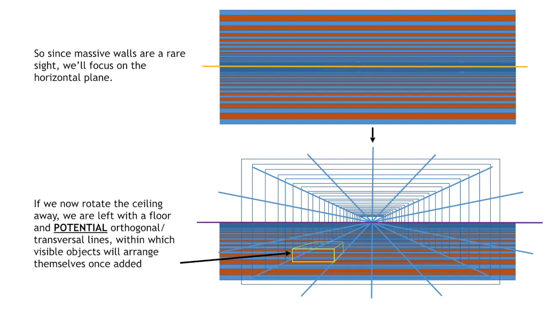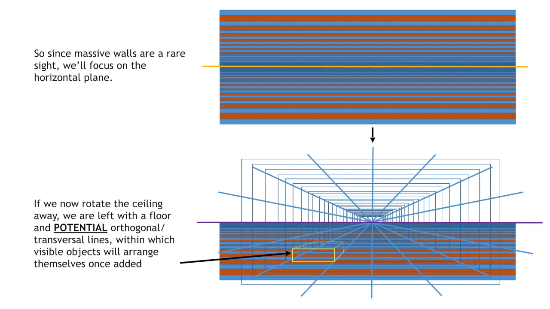If we now rotate the ceiling away, we are left with a floor and potential orthogonal transversal lines within which visible objects will arrange themselves once we add them in. So again, you can rotate the ceiling now away from you as well, as if nothing was there.